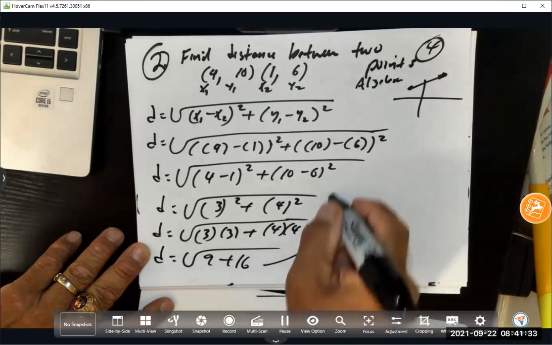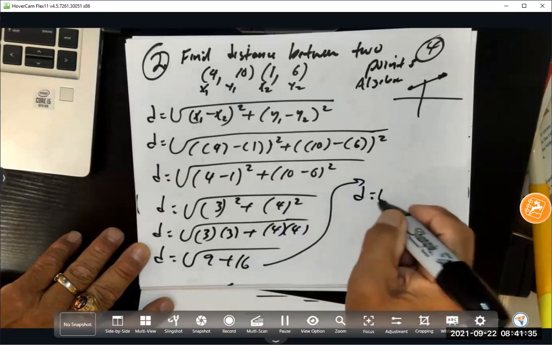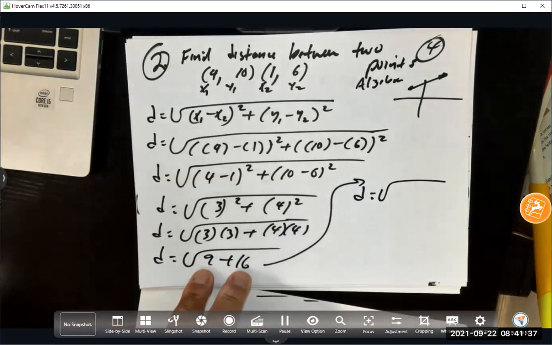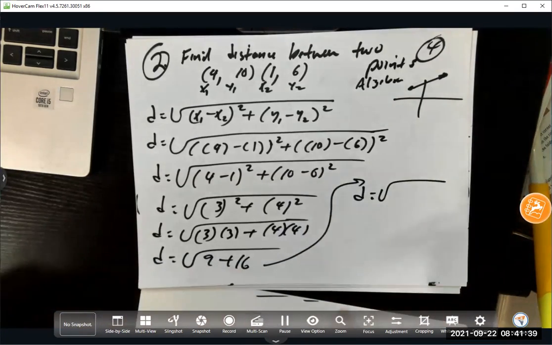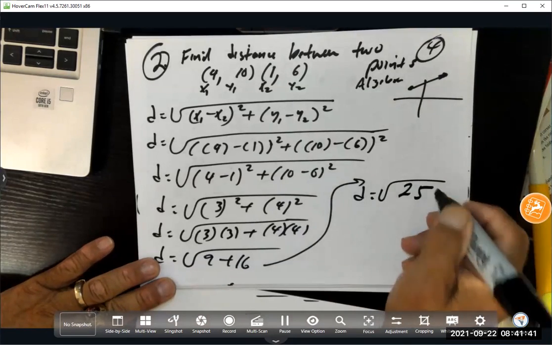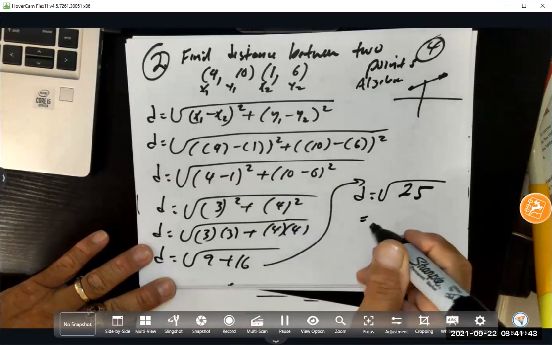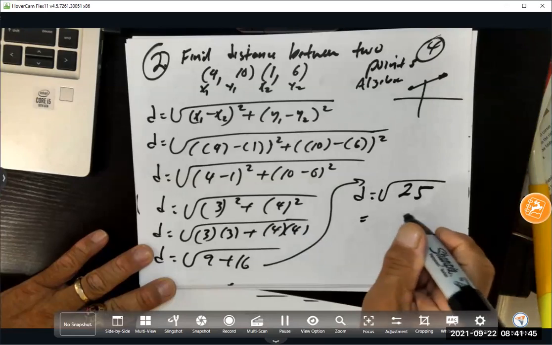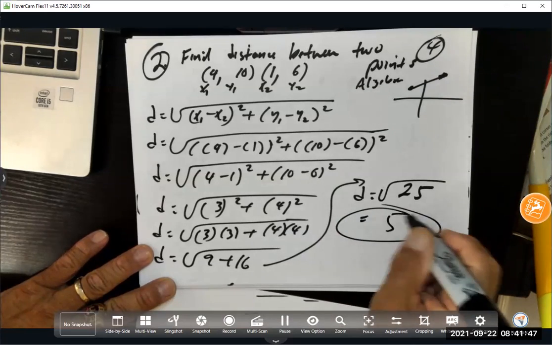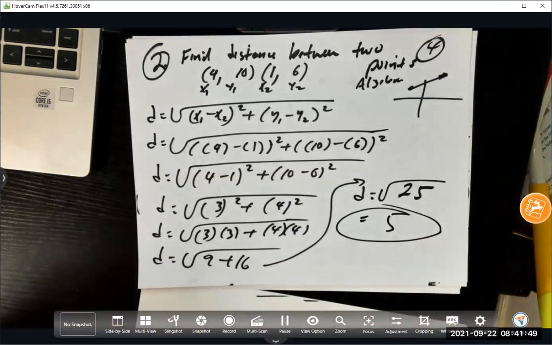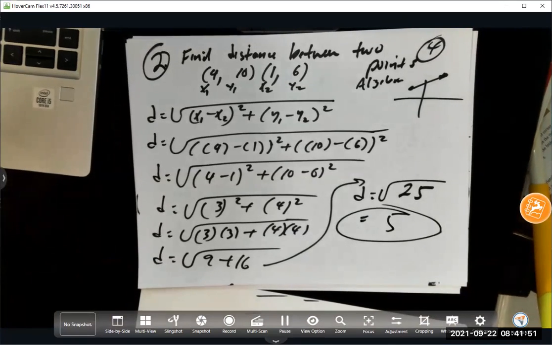Can I add those 2 numbers together? What's 9 plus 16? 25. Do you know what the square root of 25 is? Can you do that easy number? Yes or no? What is it? 5, because 5 times 5 is 25. So the answer will be what? 5. Does that make sense?